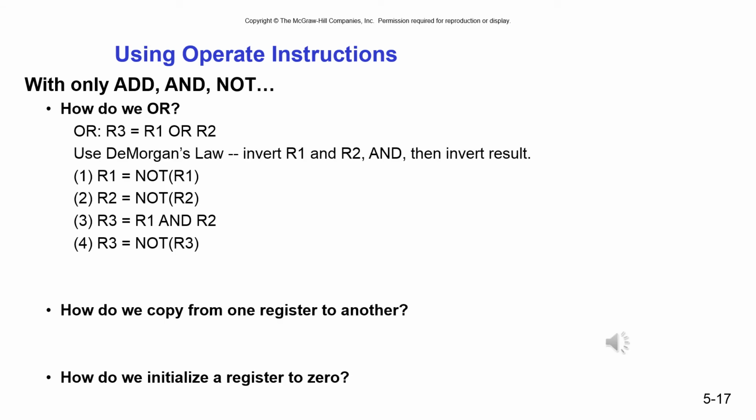Using De Morgan's law, we can OR R1 and R2 and store the result in R3 by simply inverting R1 and R2, ANDing them, and then inverting the result. So R1 equals NOT R1, R2 equals NOT R2, R3 equals R1 AND R2, and then R3 equals NOT R3. Pretty straightforward.